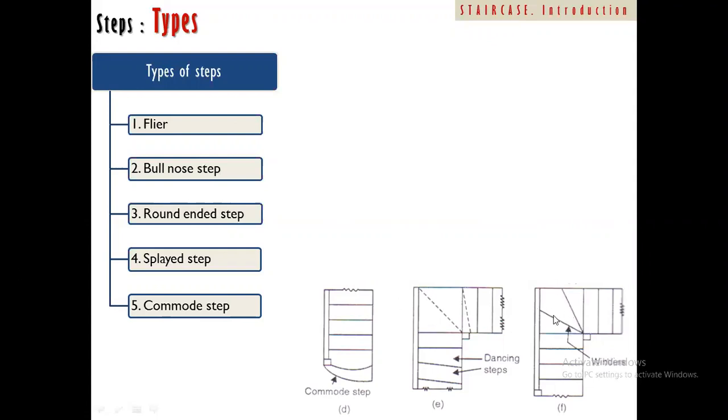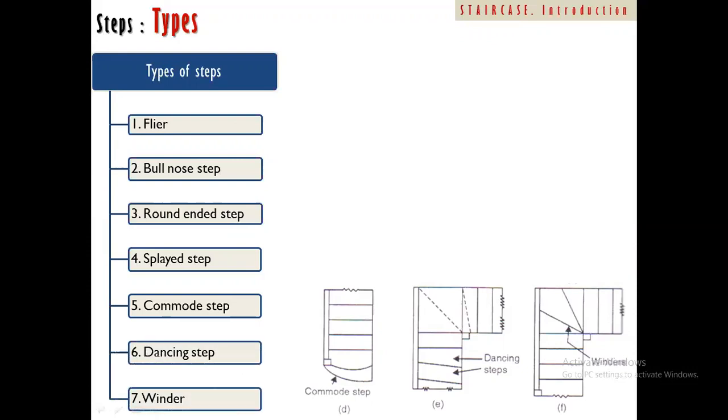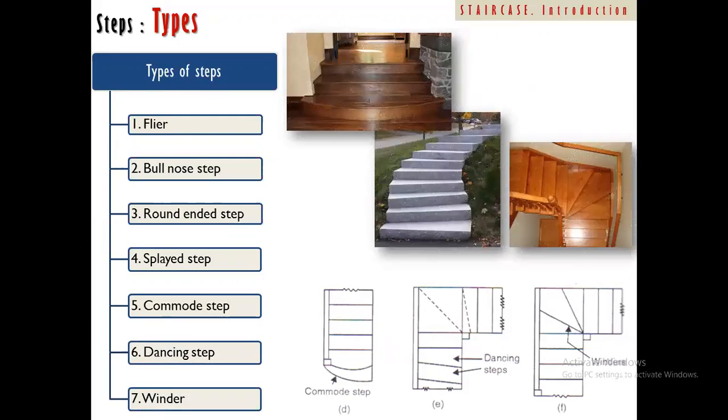Winders are placed at the portion where your landing would be. With winders you can change the direction, and you can also accommodate a series of steps. Here you can see, these are the winders. These are the dancing steps, and these are the commode steps.